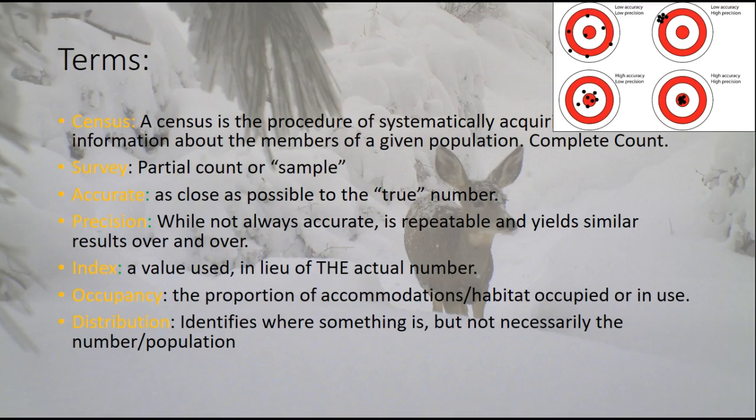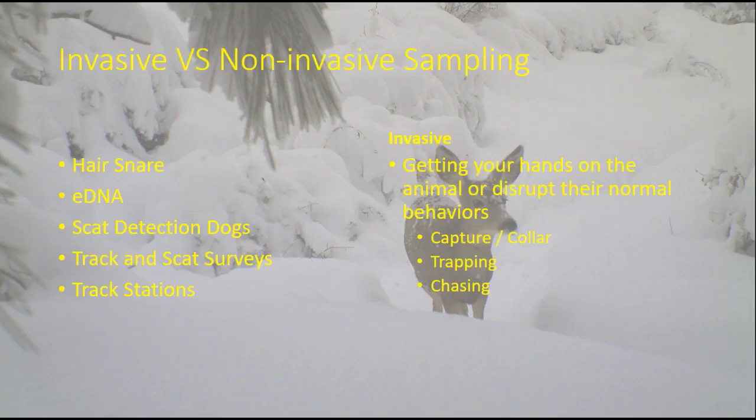So how spread out are individuals in that population, regardless of how many there are. Maybe they're congregated in a higher quality habitat and they don't have an even distribution across the landscape, in which case that might affect how we would choose to sample for that population.